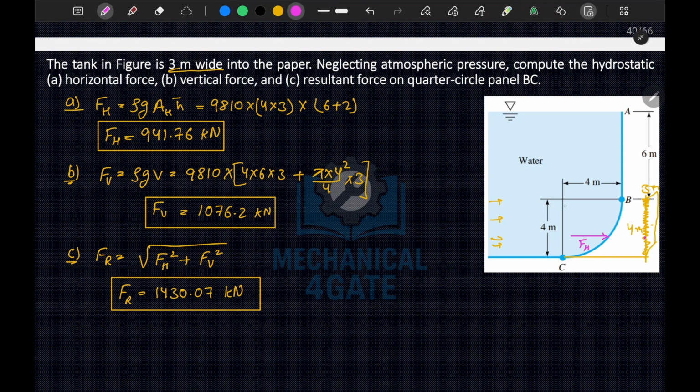Now CG for this circular section will lie somewhere here, that is at 4r by 3 pi, and for the rectangular section it is at 2 meter here. So for both of these, it should lie somewhere between here. So let's say up to some point here, there is your Fv.